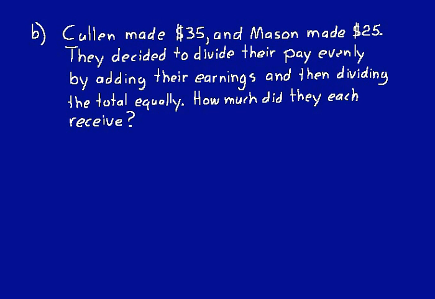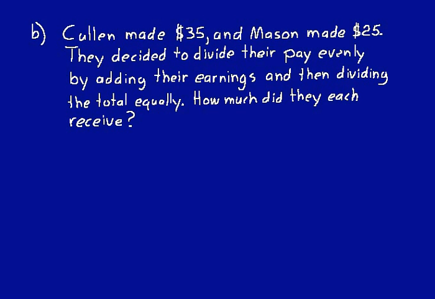Practice problem B. Again, let's read it through first. Cullen made $35 and Mason made $25. They decided to divide their pay evenly by adding their earnings and then dividing the total equally. How much did they each receive? Okay, well, just think about this. We're doing two-step problems here, so let's think of two story problems that are combined here. Okay, well, you have like a sum and some more problem, right? Because they added their earnings together.